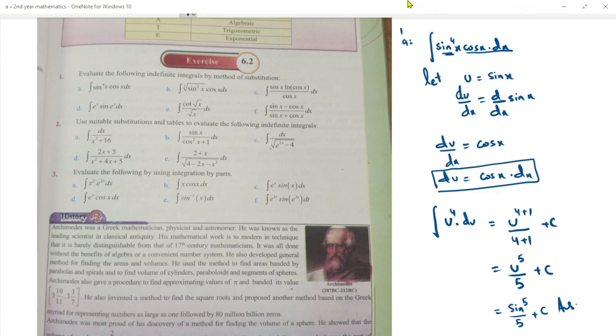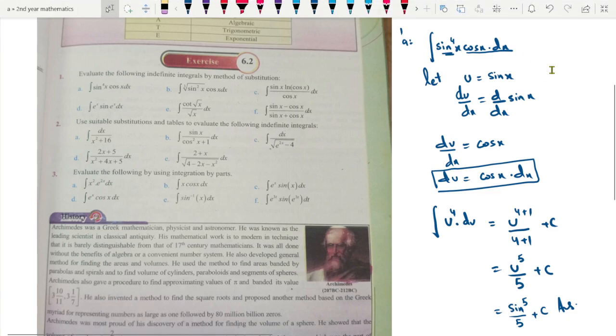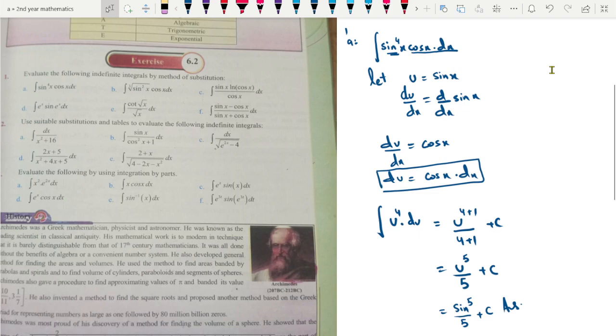You can also simplify this with a simple method. If it is not written to solve it with the help of substitution, you can directly solve it like this.